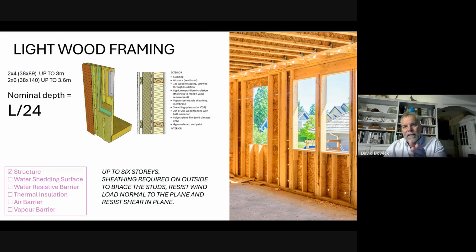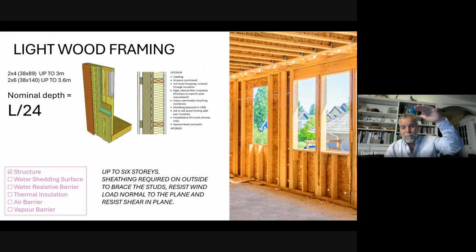Once we're putting insulation on the outside anyway, then the stud backup can be determined by the structural demand, not the thickness of insulation. And a 2x4 exterior wall is just fine for small buildings. 89 millimeter 2x4 exterior wall. For the depth to span ratio for a stud wall, generally the thickness has to be greater than L/24.